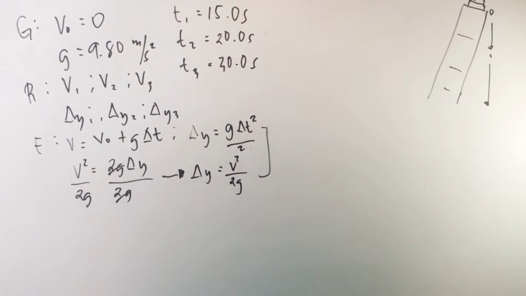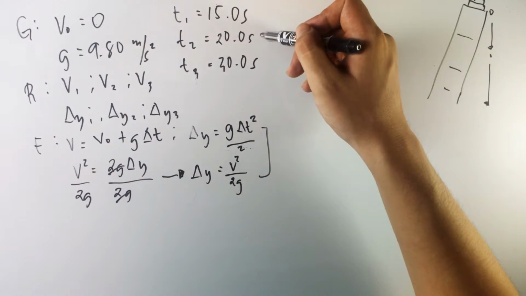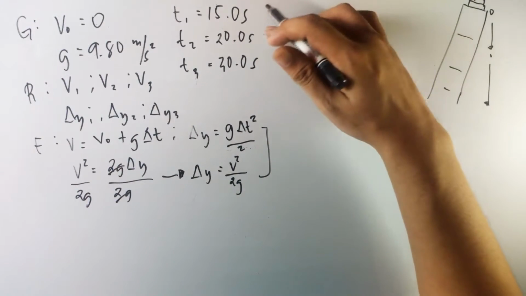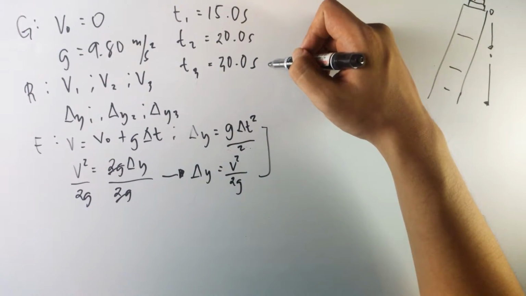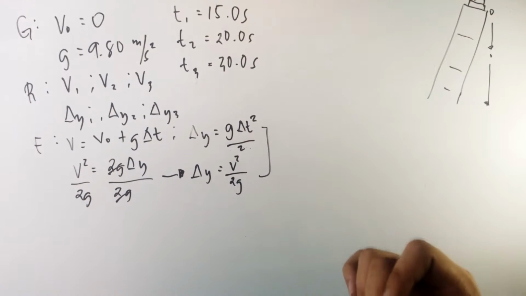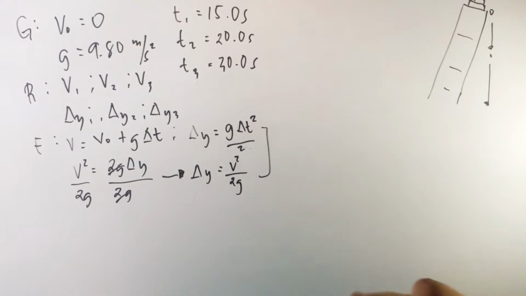I'm just going to solve for the 15 seconds because I think you can get the hang of it, because it's just repeating the process. You do t sub 2 and t sub 3. Just follow the steps and you're going to understand it.